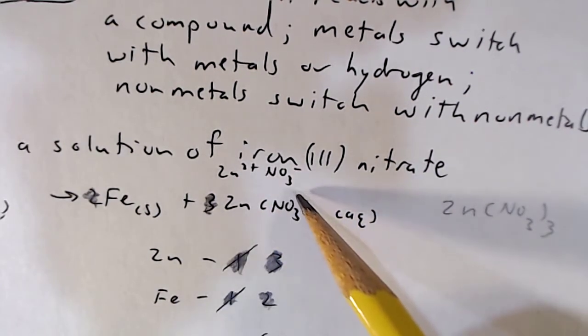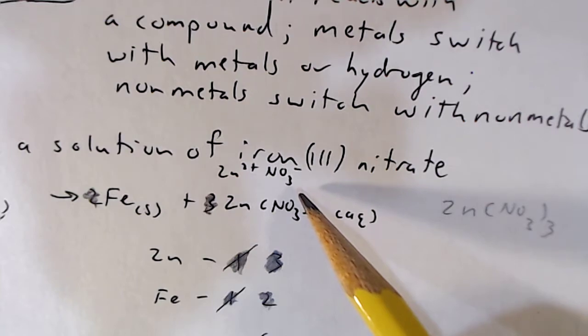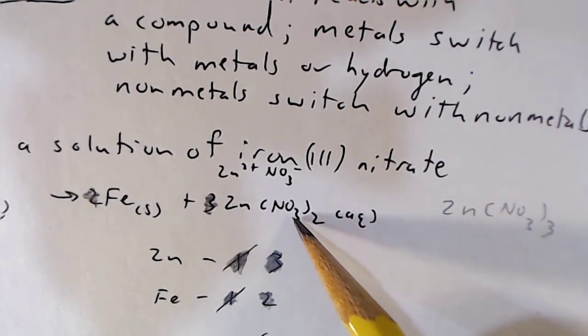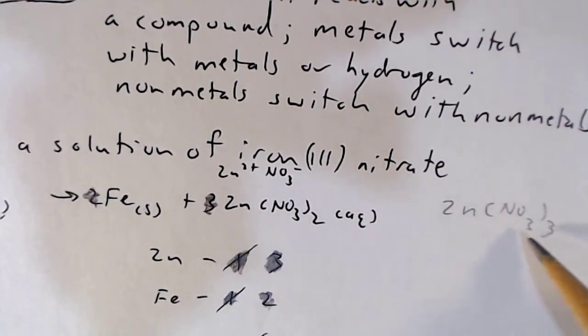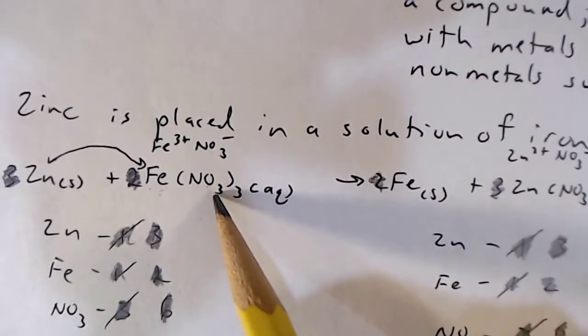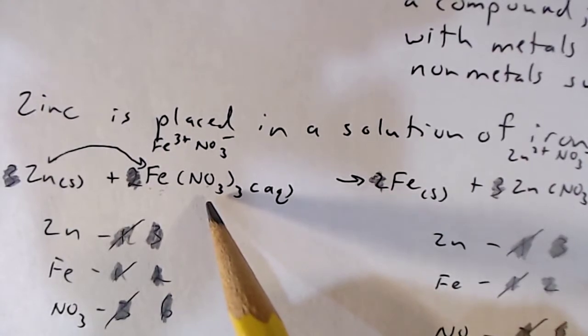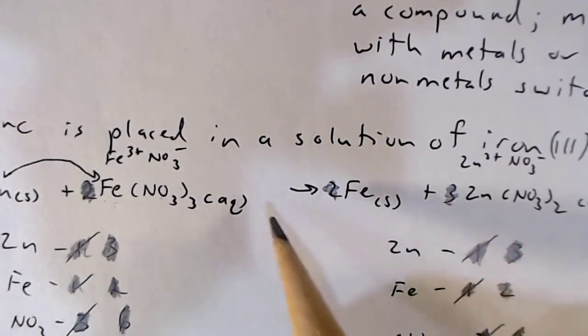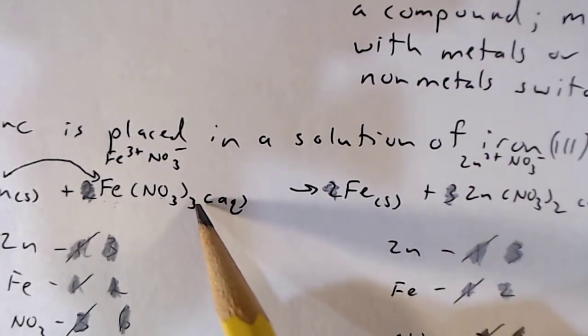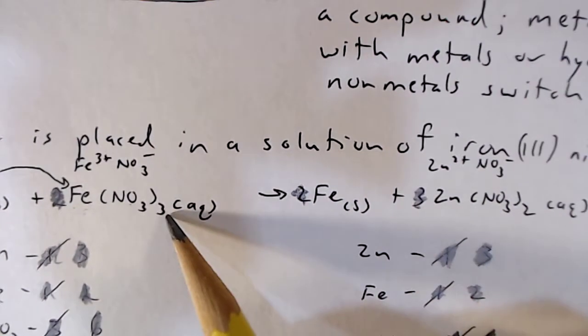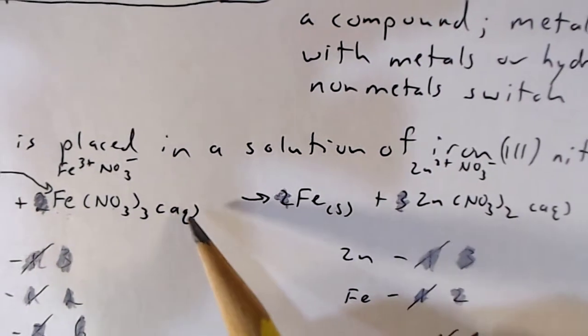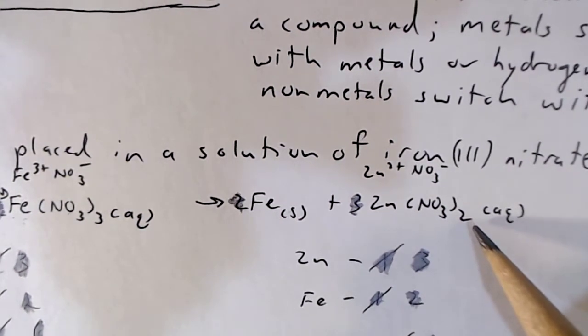The only combination of those that will balance out those charges is to have 2 nitrates per zinc, not 3. This NO3 doesn't change. That's a polyatomic ion on our polyatomic ions list. Those go to the other side and don't change, but the numbers of them in a formula can change. Like we started out with 3 of them in this case, and then only 2 in the product.